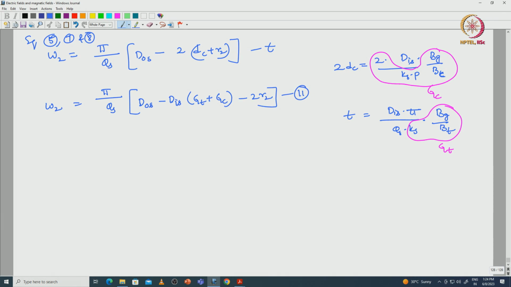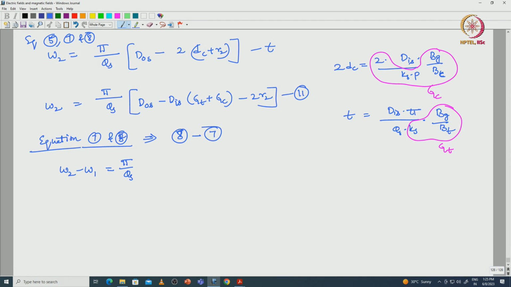So, from equation 7 and 8, we have found the parameters with respect to W1 and T and D naught S and other things. Find W2 minus W1, that is equal to pi by Qs, or we can say directly equation 8 minus equation 7.